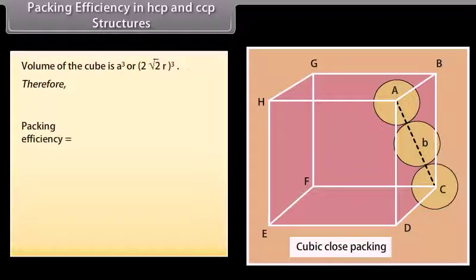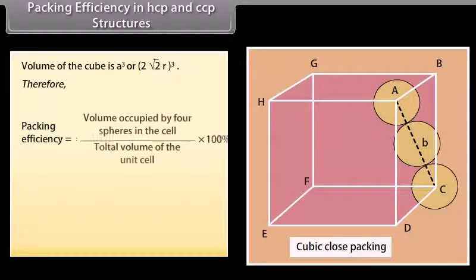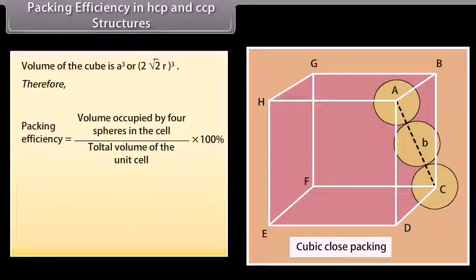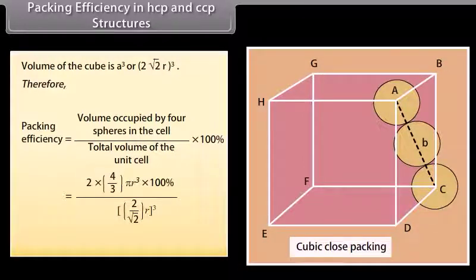Therefore, packing efficiency is equal to volume occupied by 4 spheres in the cell into 100 upon total volume of the unit cell %, which is equal to 4 into 4/3 pi r cube into 100 upon (2 square root 2 r) cube, which is equal to 74%.